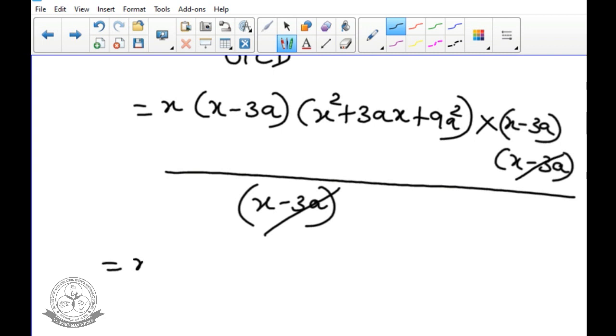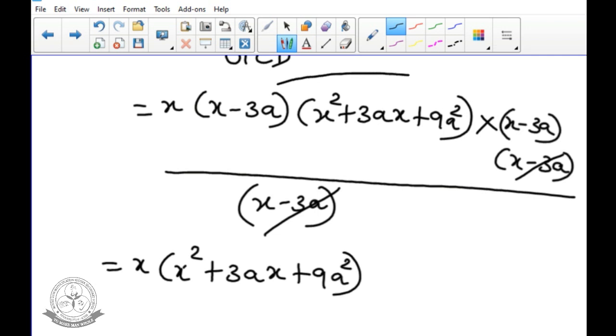The remaining is x into x square plus 3ax plus 9a square into x minus 3a into x minus 3a, which appears 2 times. So we can write x minus 3a the whole square.